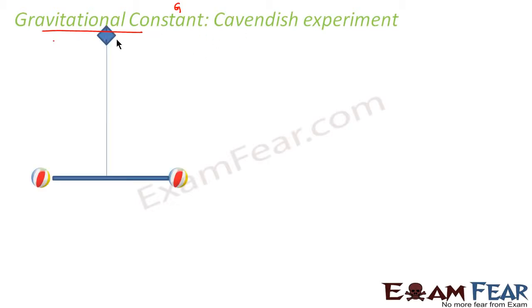What Cavendish did was, he took a wooden plank, as you can see in this diagram. He took a thin thread and a wooden plank, and on the wooden plank he attached two small balls. He made this arrangement and hung it from a support at the top through which he hung this thin thread, and at the bottom he had a wooden plank with two balls on the two sides.